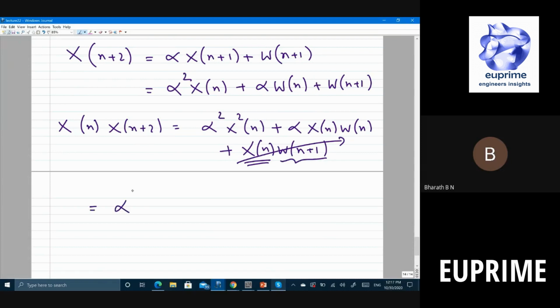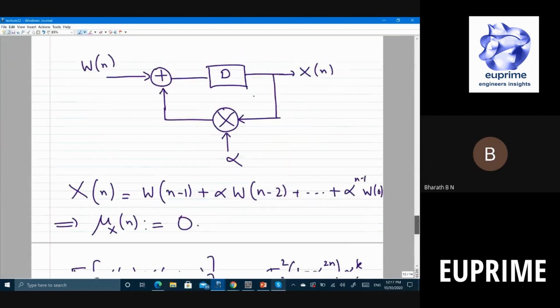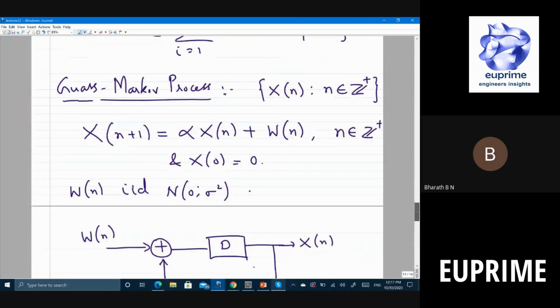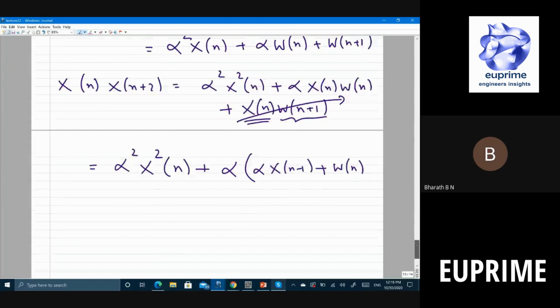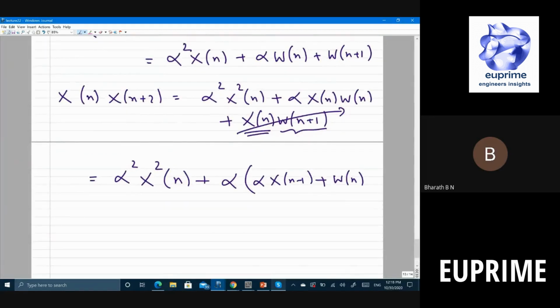So I can write this as alpha squared x squared of n. This is an example of how you can generalize this. Alpha times x of n is alpha times x of n minus 1 plus w of n.